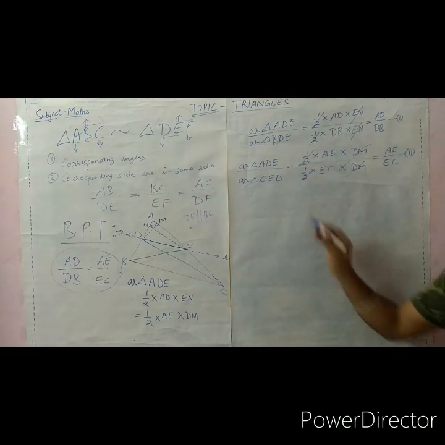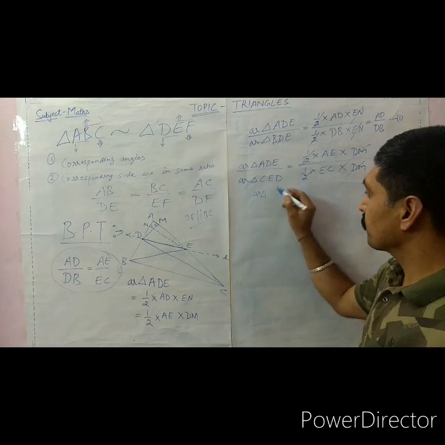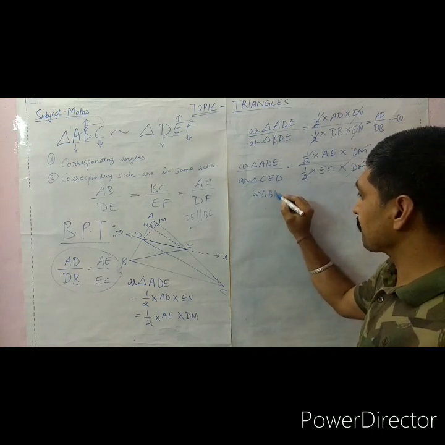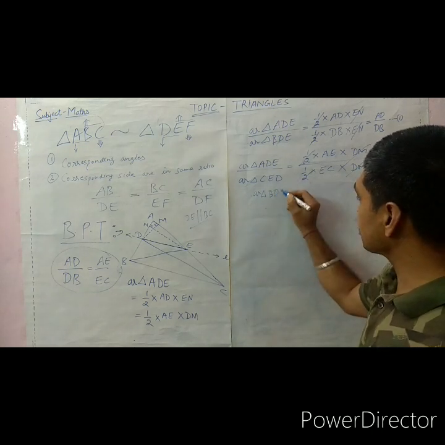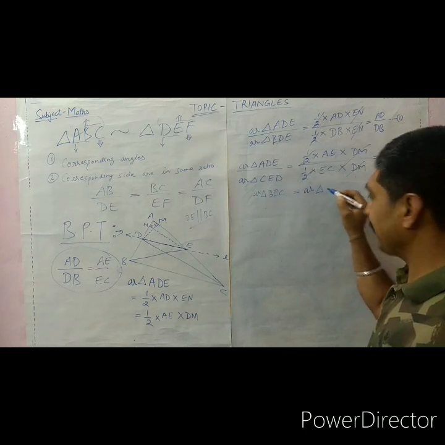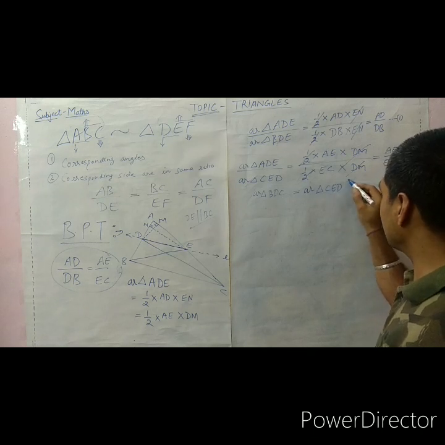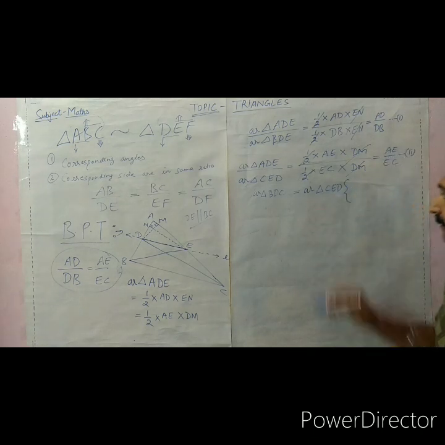So dear students, we can write that area of triangle BDE is always equal to area of triangle CED. And what is the reason here?